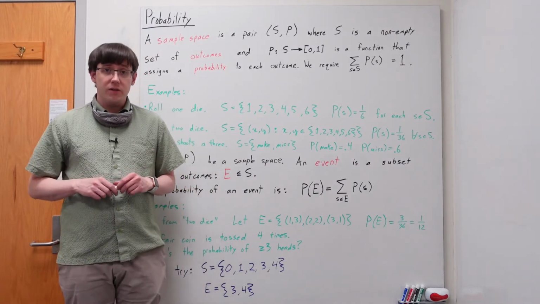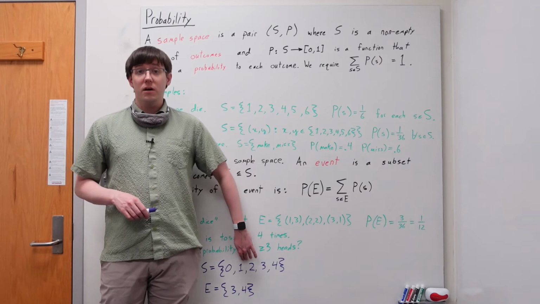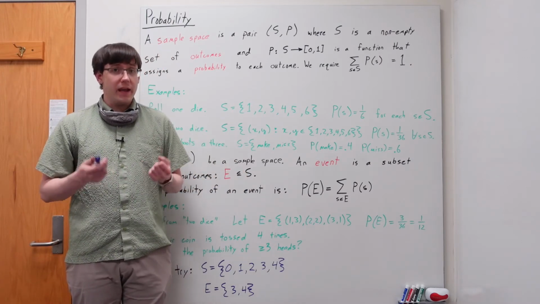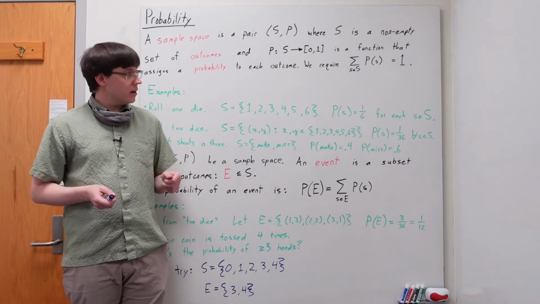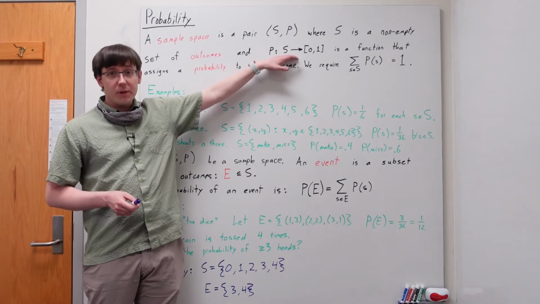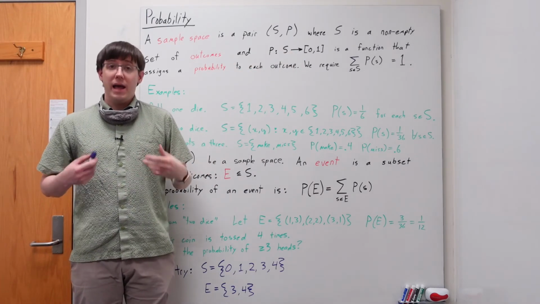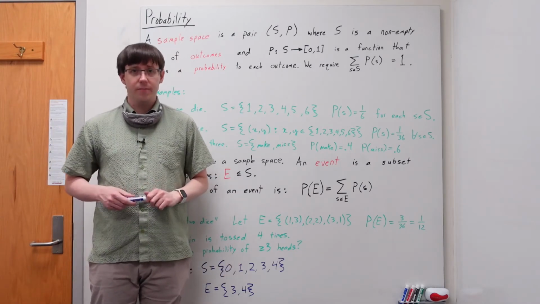But from here, it's not immediately obvious how to figure out the probability of each of the outcomes. And so if we choose a different set of outcomes, we can make the initial task of figuring out the probability function easier, and then we'll have a little bit more adding to do in figuring out the probability of the event.